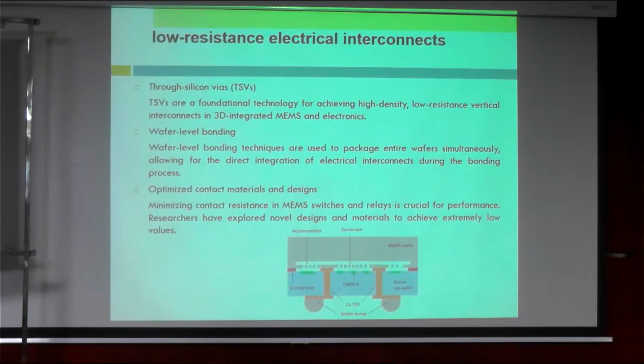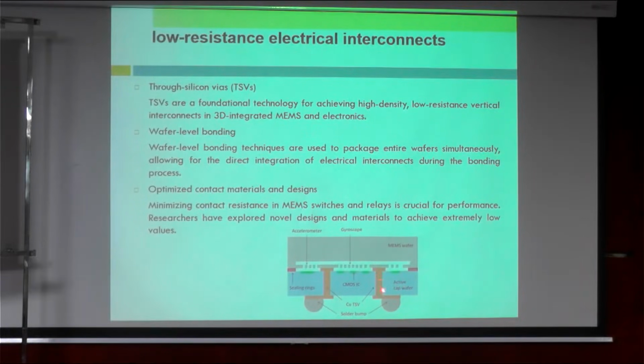And through silicon via, I keep telling about through silicon via. Through silicon via is a foundation technology for achieving high density, low resistance vertical interconnects in 3D integrated MEMS and electronics. Here is the example with copper. For example, you have your MEMS wafer on top, then your CMOS IC at the bottom, then a solder bump to connect to maybe a PCB or another chip.